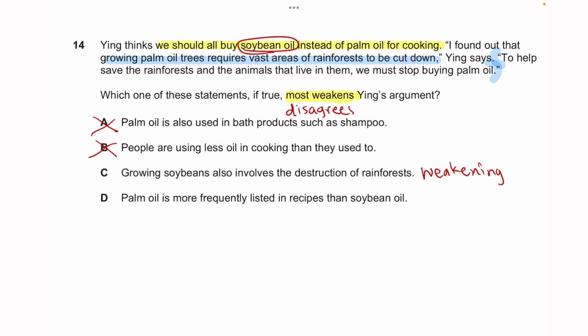We would have to destroy rainforest to create land to be able to grow soybeans anyway as well. And so that's why C is our most weakening statement. But if we have a look at D just in case, it says palm oil is more frequently listed in recipes than soybean oil. That may be the case, but we could easily counteract that by saying we can use alternatives to different types of oils. And so that's why C is our best answer.